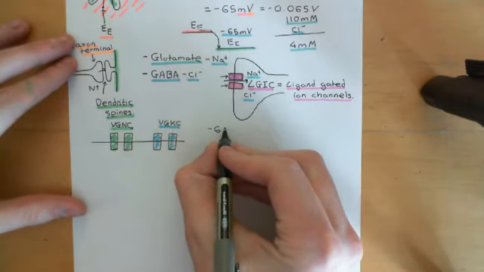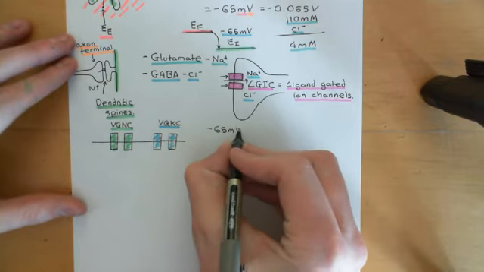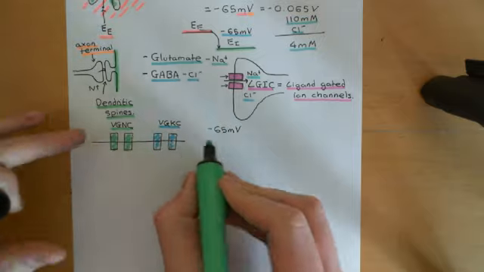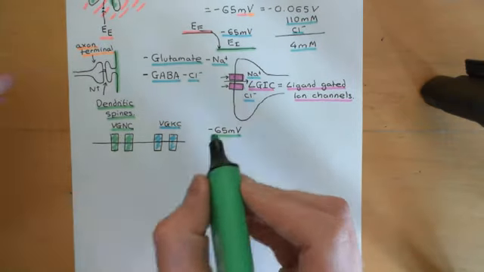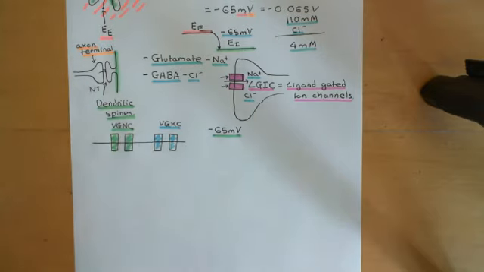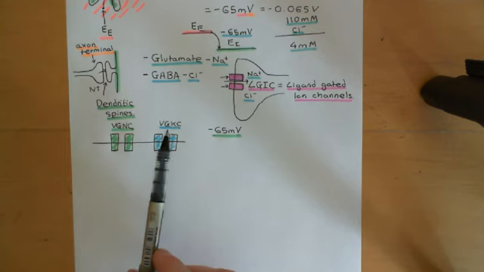So when the electrical potential difference across the cell membrane is negative 65 millivolts, okay, these are going to be closed. Okay, if you want to activate an action potential, then you need to open these, basically. And we'll see exactly what an action potential is in a moment. But to get an action potential, you need to open these.